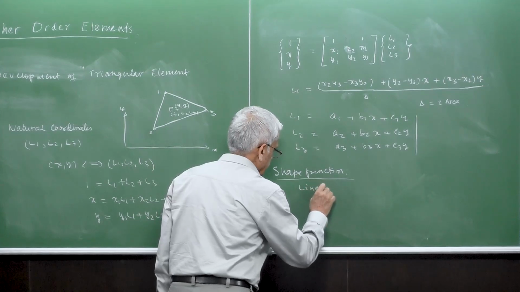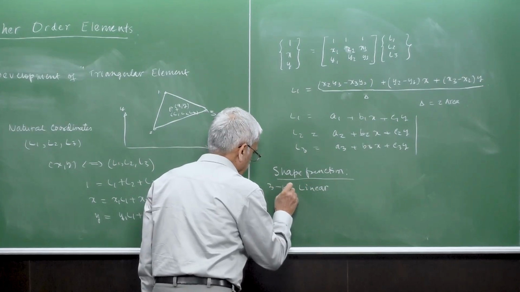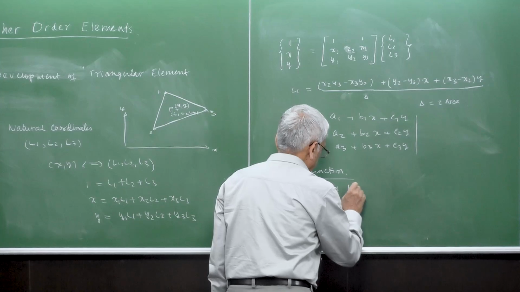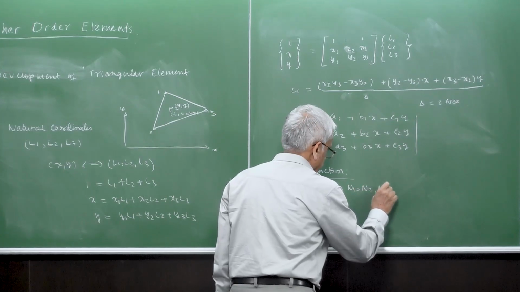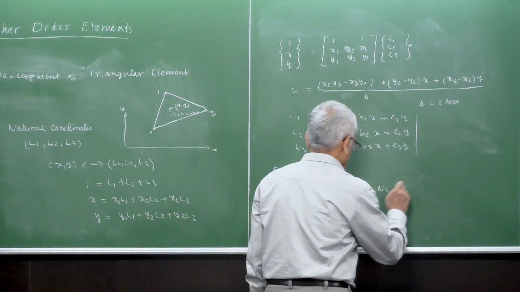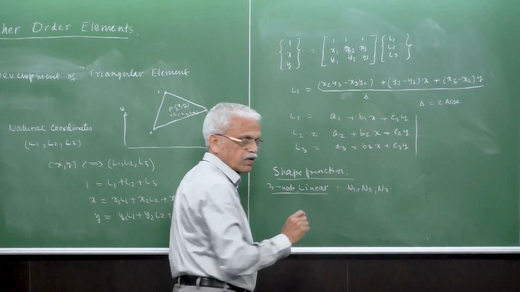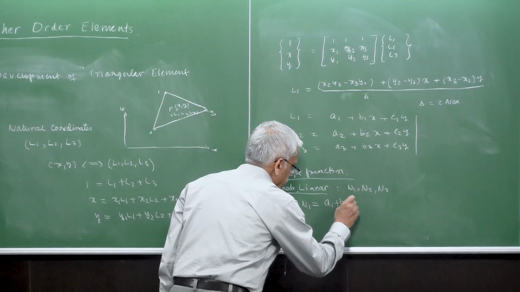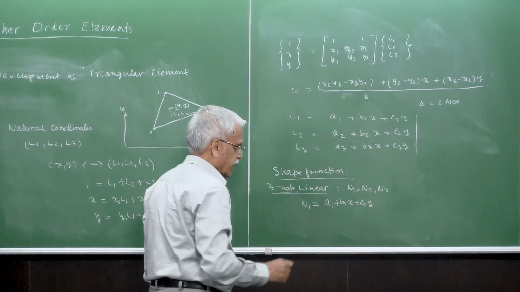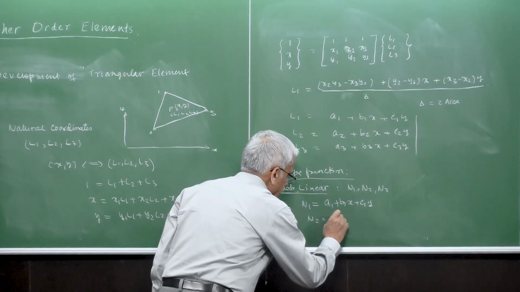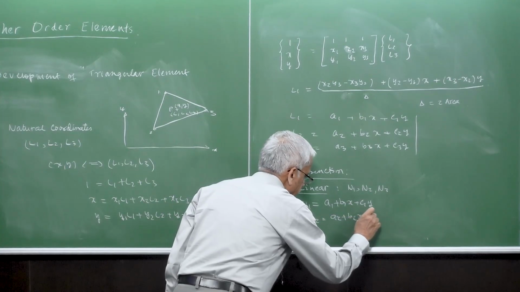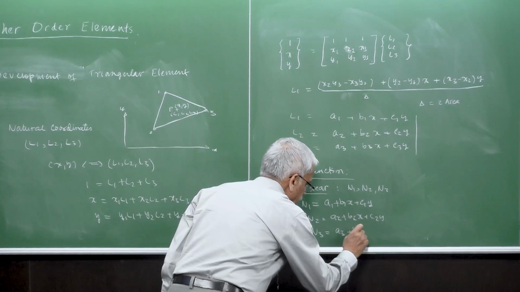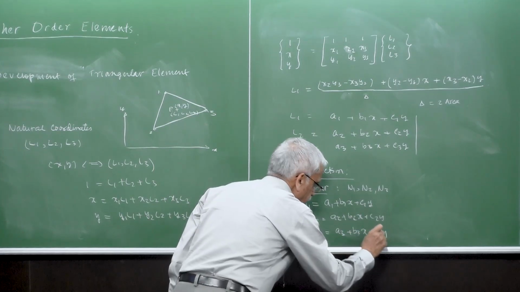The shape functions, so linear, three node linear. So you have N1, N2, N3. If you recall our original shape functions, N1 was A1 plus B1x plus C1y, then A2 plus, up to C3y.